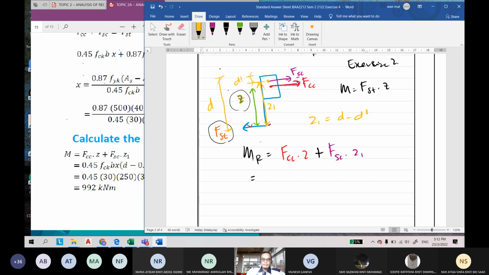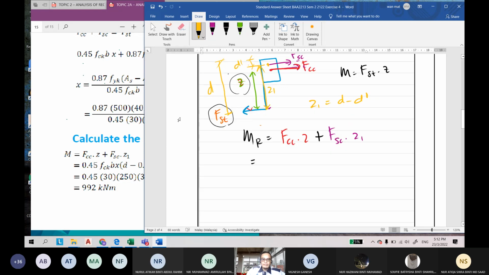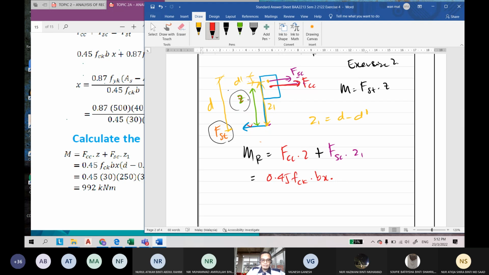So FCC is equal to 0.45 fck times bx, times Z. Z is equal to, as in our previous example, D minus 0.4x.